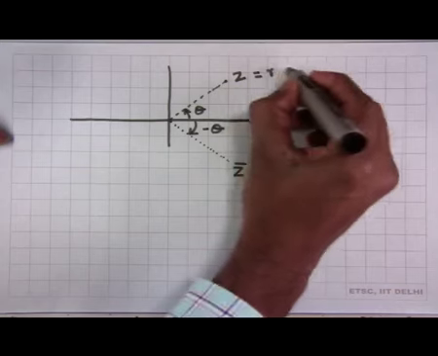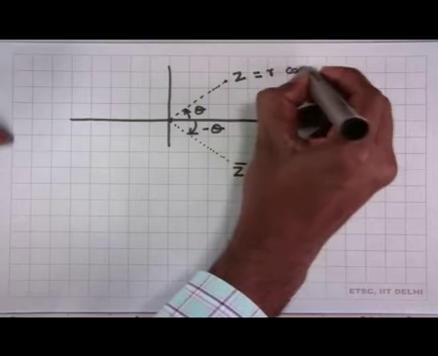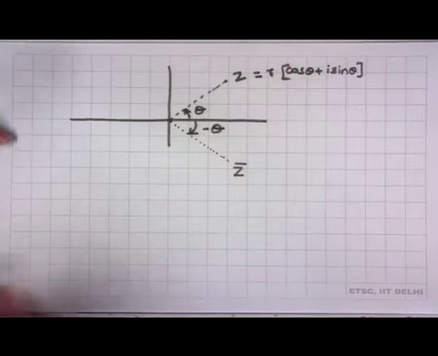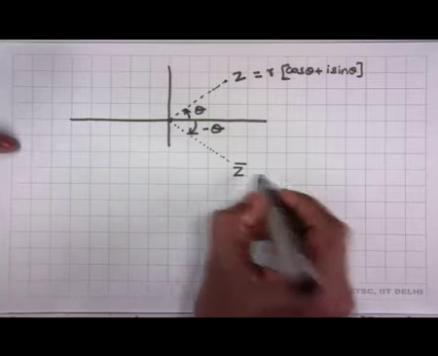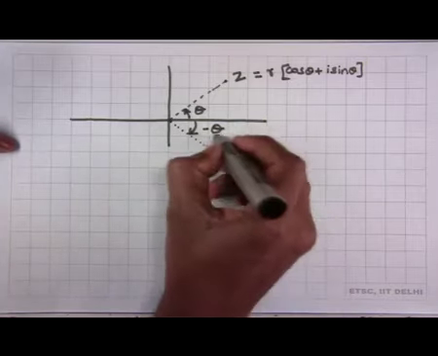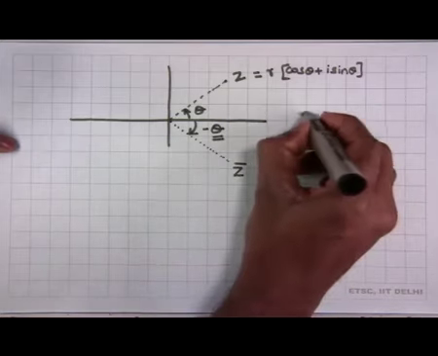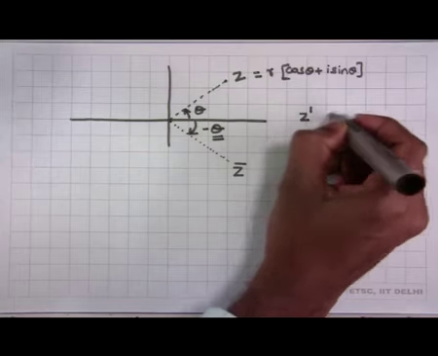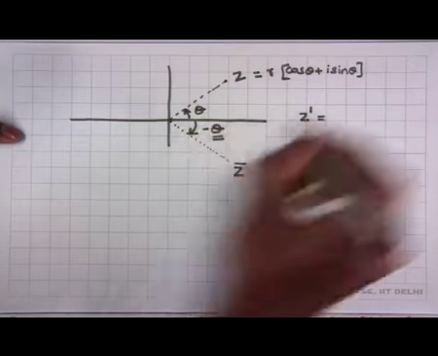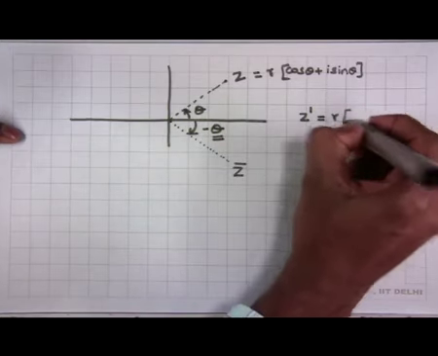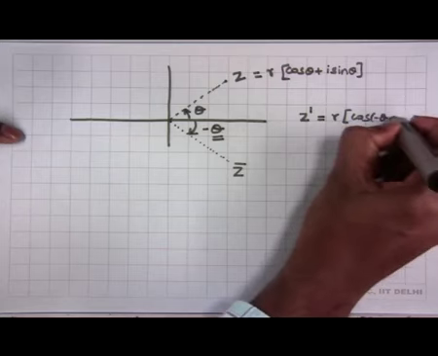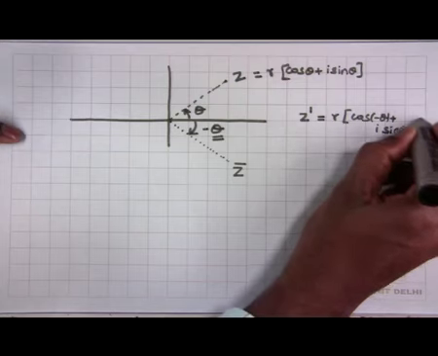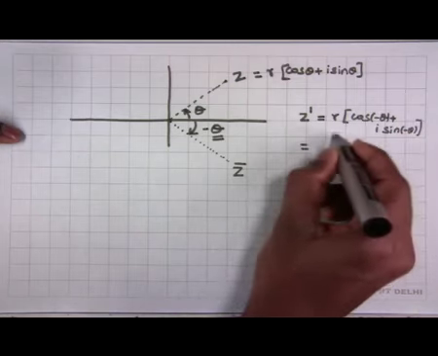Here z is r times cos theta plus i sin theta. Taking minus theta as the angle, we get z prime, a complex number given by angle minus theta, which is r times cos of minus theta plus i sin of minus theta.